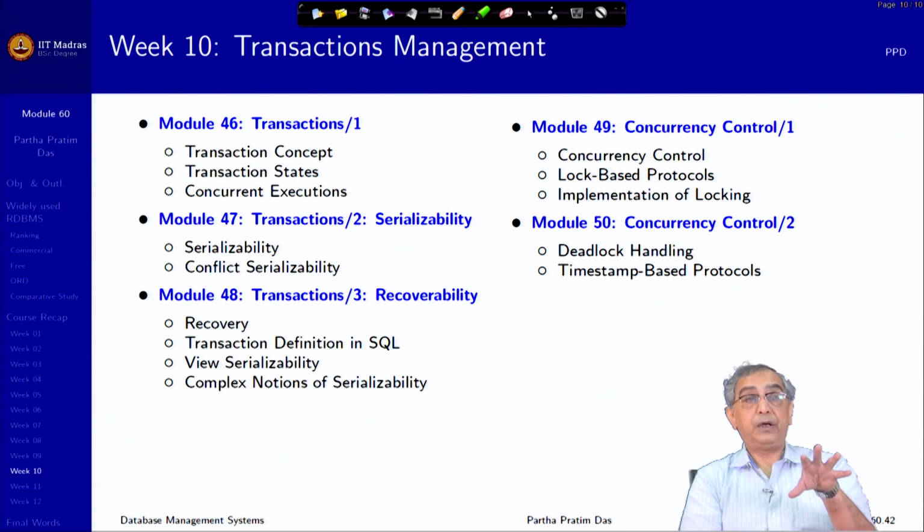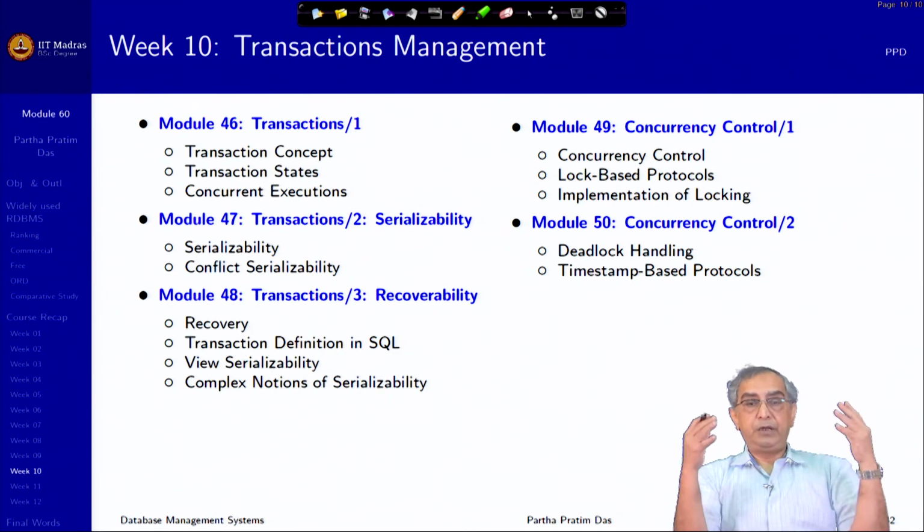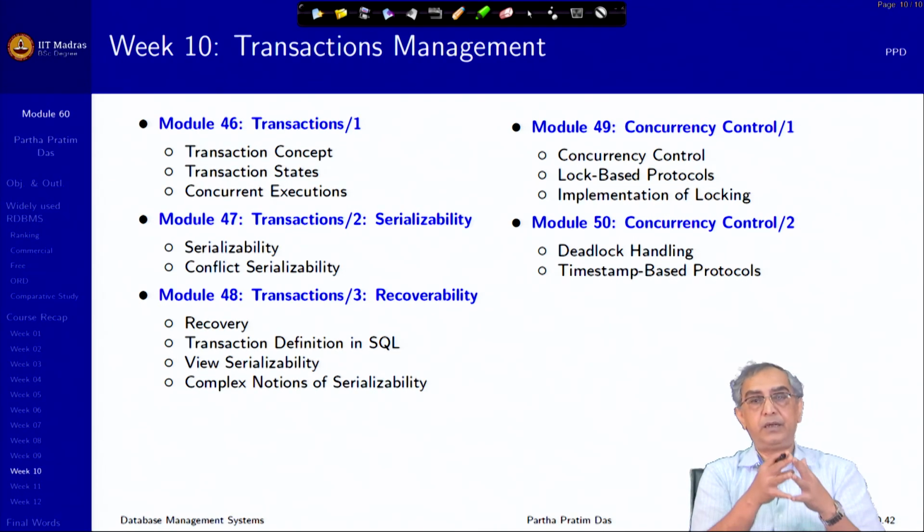The core of the whole thing revolves around transactions, the tasks that you want to do. So, we introduced the concept of transactions, states, and concurrency, and obviously, the moment you make transactions concurrent, the possibility of incorrect results comes up.